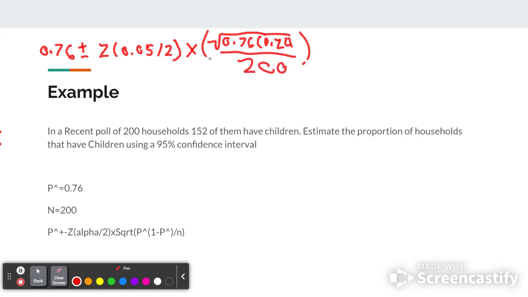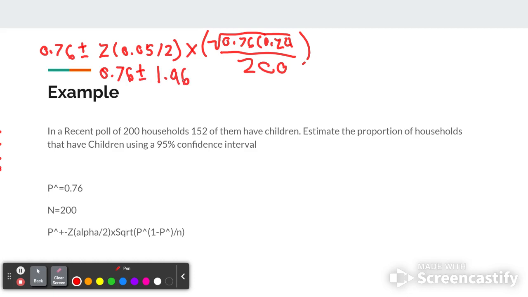As with the population mean, for the z-score of 0.05 divided by 2, we can check the common values on the normal table. That would give us 0.76 plus or minus 1.96, as we found on the last problem.